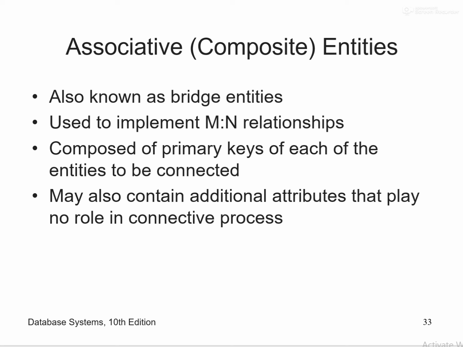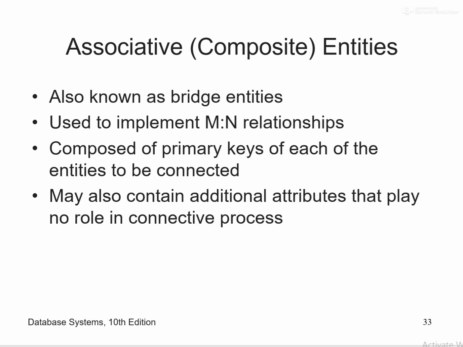So the ER model uses an associative entity to represent a many to many relationship between two or more entities. Sometimes this associative entity is also called a bridge entity or composite entity, and this bridge entity or composite entity is in a one to many relationship with the parent entity, and it has a primary key which consists of the attribute of each of the parent entities.